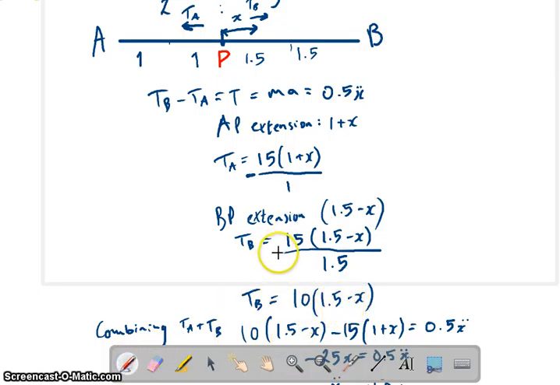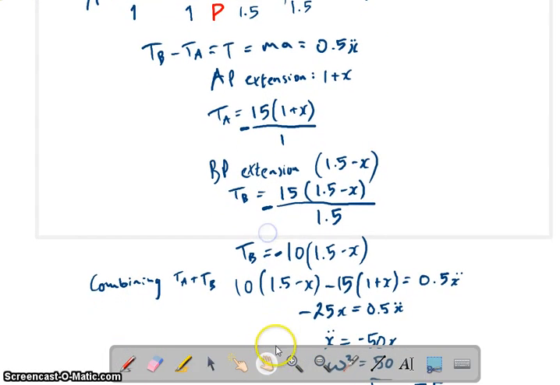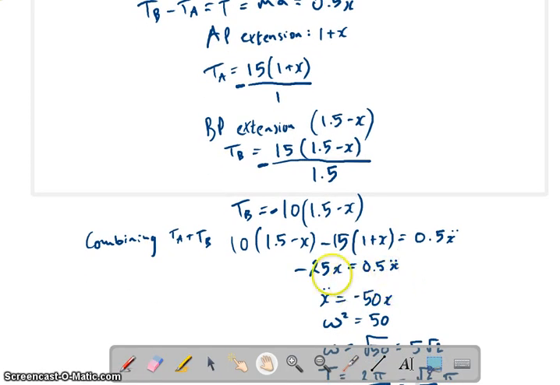So I'm going to be pedantic again and put my minuses back in, but there are so many minuses they're all going to cancel and I'm going to end up not caring, so I didn't put them in originally. So combining the two tensions, we're left with one tension take away the other tension is equal to 0.5 x double dot, which gives us minus 25x is equal to 0.5 x double dot, or 0.5a.